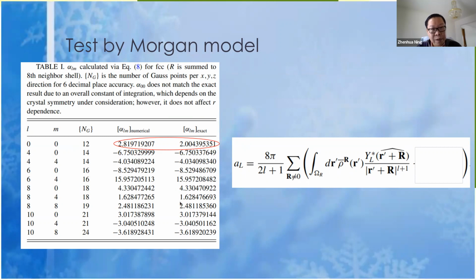It agrees pretty well with the exact solution, except for L equal to 0 and M equal to 0. This is because they use the direct sum for this coefficient AL for this R sum. When L equal to 0, this R sum is slowly convergent, so it must be done with Ewald sum.